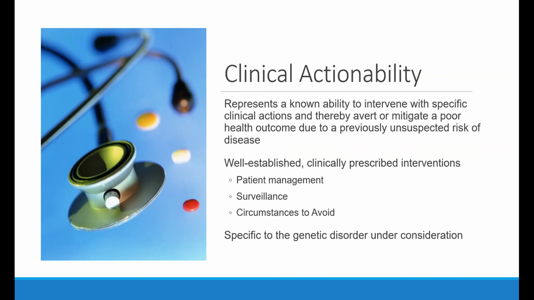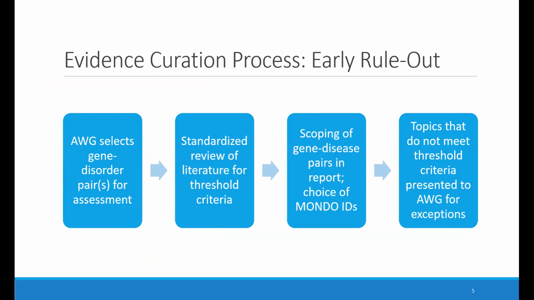And then we consider well-established clinically prescribed interventions, patient management, surveillance interventions, and then anything like a circumstance to avoid. And these interventions need to be specific to the genetic disorder under consideration. So that's what makes a gene disease association that we're considering actionable: it has the interventions and we have a known ability to mitigate a poor health outcome using those actions.